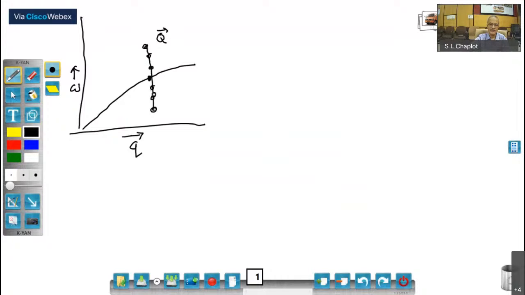Now, what is the effective resolution? We have a resolution ellipsoid, and suppose it is like this. What I would measure here is the overlap between the resolution ellipsoid and the dispersion surface. Clearly it is zero here, so I won't see any intensity.